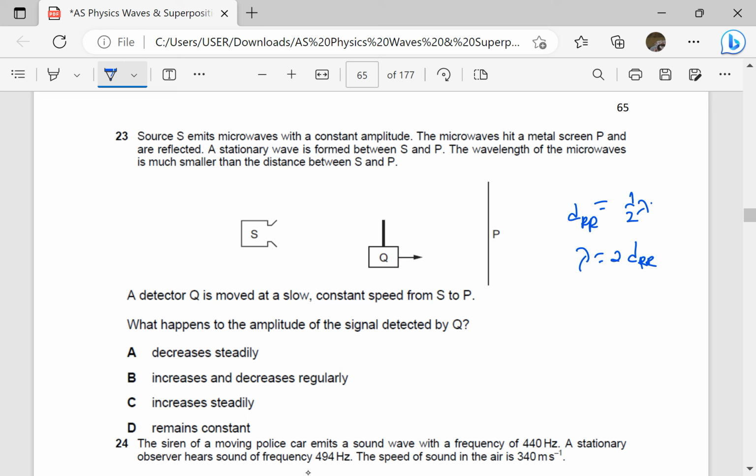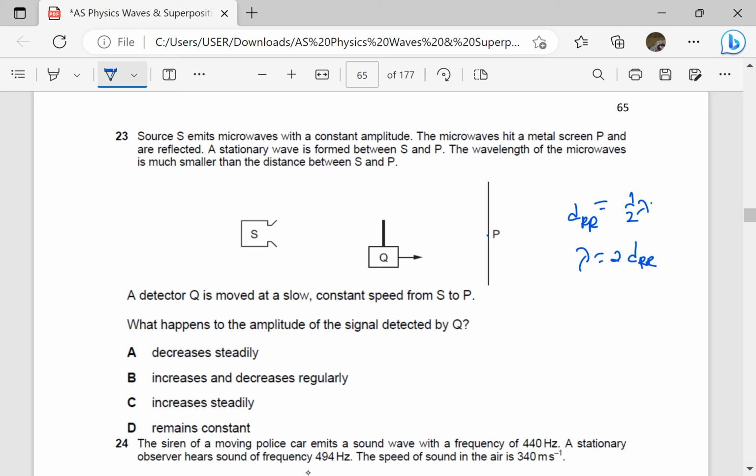But they say the wavelength is much smaller than the distance between S and P. A detector Q is moved at a slow constant speed from S to P. What happens to the amplitude of the signal detected by Q?